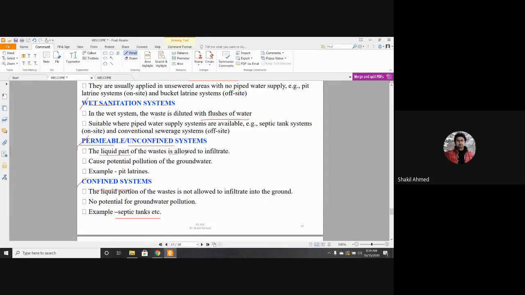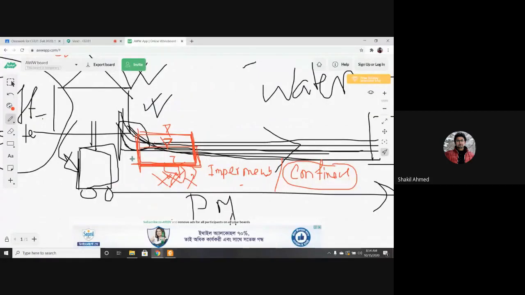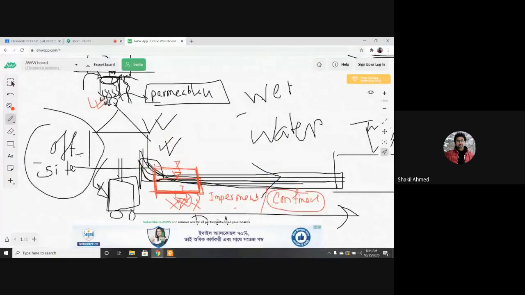Liquid part is allowed to infiltrate. It has the potential to pollute groundwater. In this case, since you are allowing the water to pass through the soil, if you have groundwater here, it may pollute the groundwater. Of course, there are some design considerations you need to take so that it doesn't happen, but there is a risk.